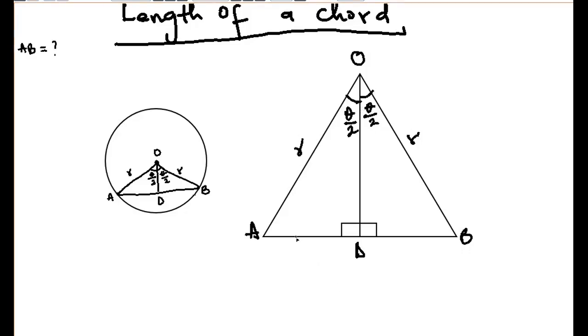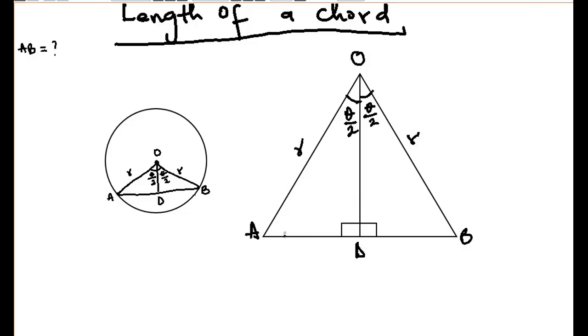Now you can take one part of this triangle. So let me take triangle OBD. The two triangles are congruent. They are exactly the same, so you can pick any of them.